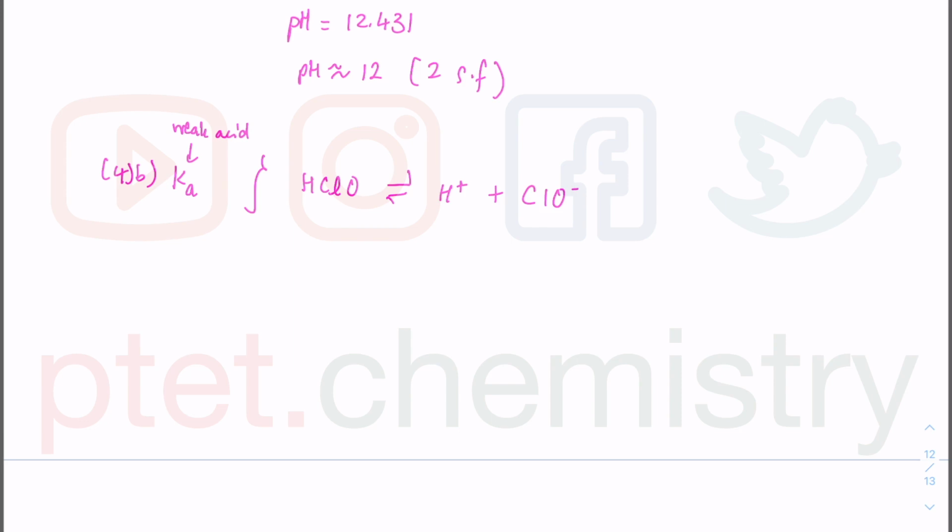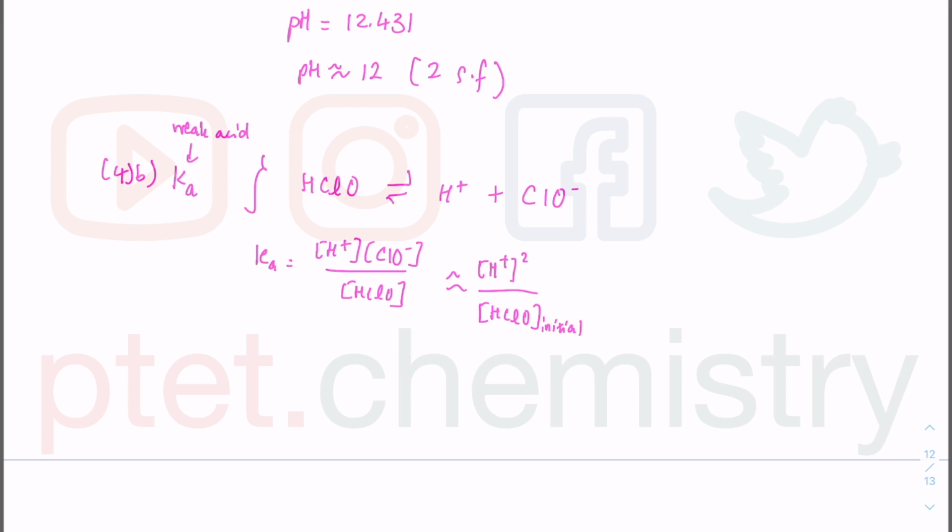So I can imagine that Ka equals H plus times ClO minus over HClO. Of course this can then be approximated to H plus squared over the HClO initial, because it's a weak acid, very little of it dissociates into H plus and ClO minus, so the concentration at equilibrium is roughly the same as the concentration initially.